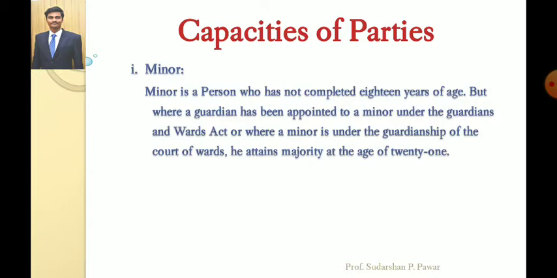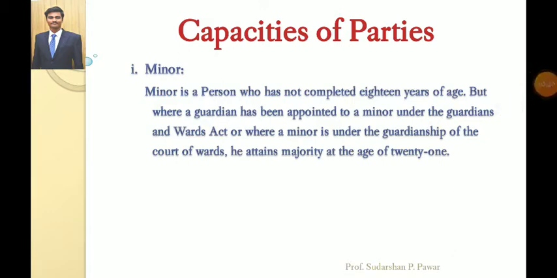According to the Indian Majority Act, a minor is a person who has not completed 18 years of age on the date of the contract, but in some cases the minority continues up to the completion of 21 years of age. That is, where a guardian to the person or property of the minor is appointed by a court of law, and when a minor is under the guardianship of the Court of Wards, that is, the minor's property is looked after by the Court of Wards.